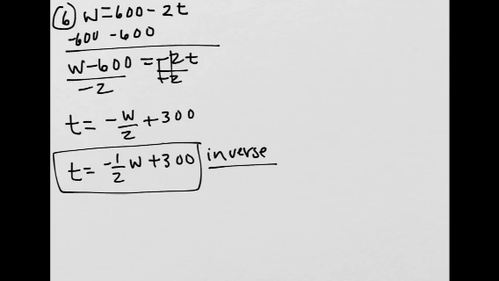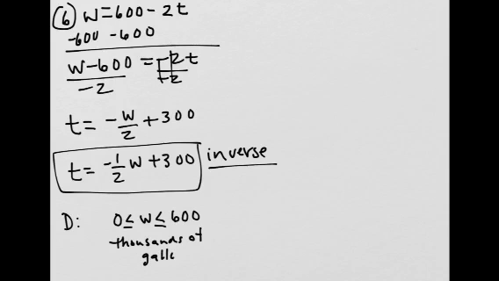So the domain for w would be from 0 to 600, and this is in thousands of gallons. Okay, so that's the other answer they want you to come up with, the domain. And then you have to graph it.